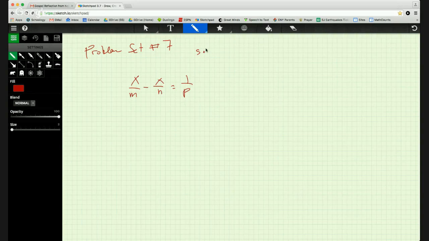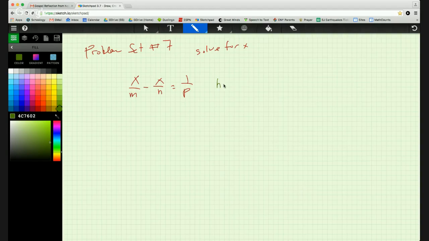This says solve for x. And I'm going to give you a hint. My hint is to get rid of all fractions first. And think multiply.